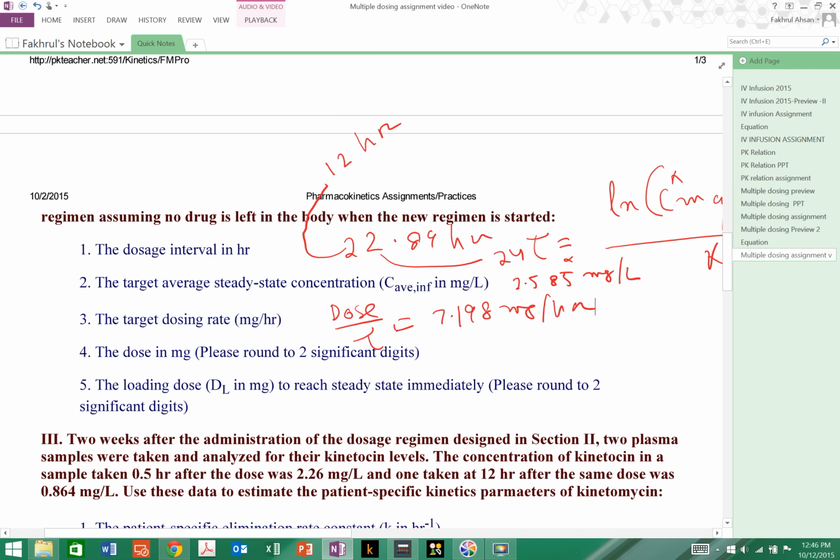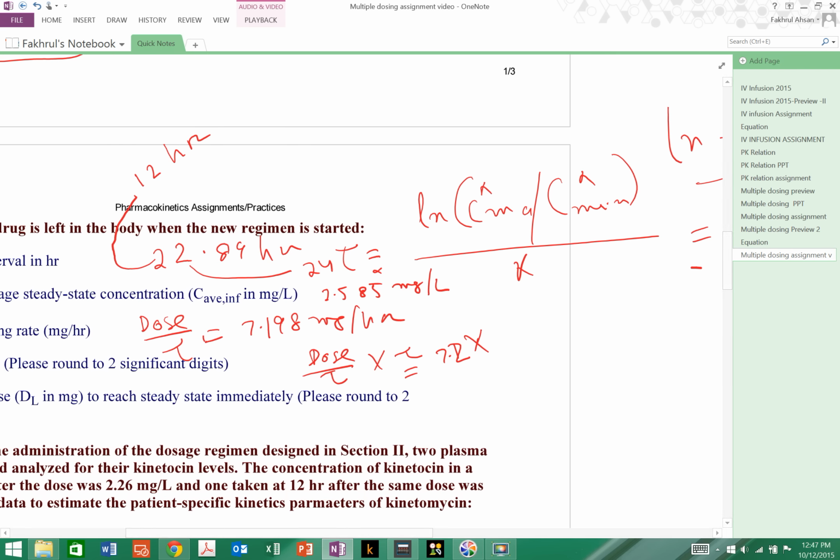So here you multiply the dosing rate, this many milligram per hour, 7.2. Total dose is the dosing rate multiplied by tau, the dosing interval. That means you have the dosing rate 7.2 times your new dosing interval, which is 12.